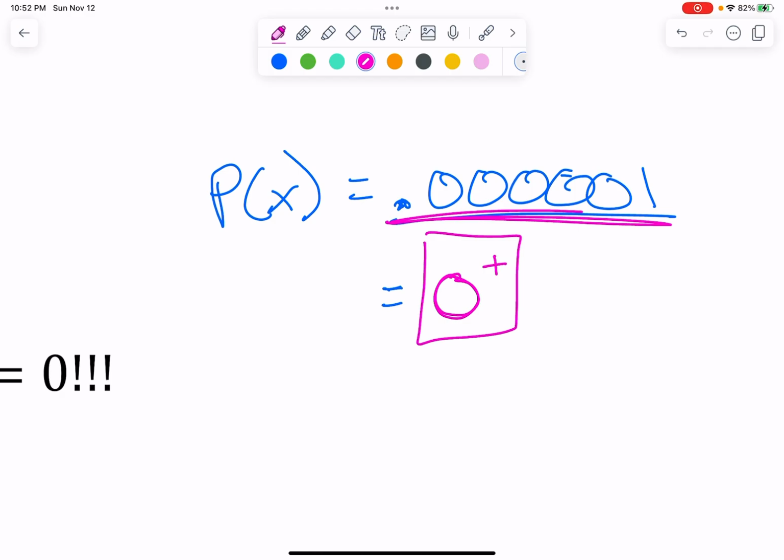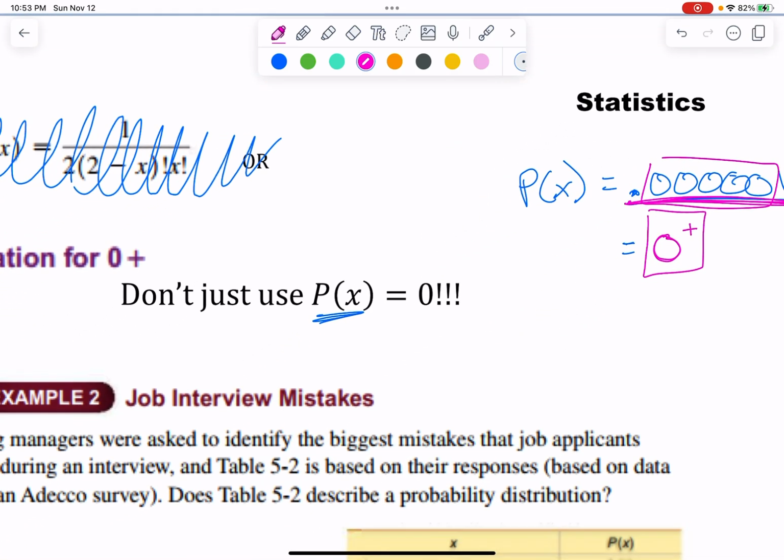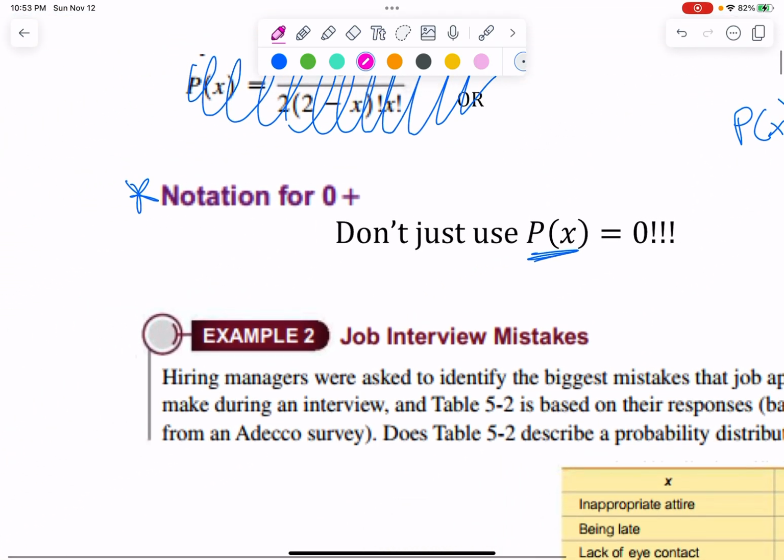Impossible would be 0 exactly, but 0 plus means slightly above 0, but really not a good chance of it happening. So if you ever have a decimal number that's really, really small with lots of zeros, you can go ahead and write that as 0 plus. I would say if there's more than 5 zeros, you could just put 0 plus in that spot and call it that. We'll revisit that notation again at some point, but I just want to introduce it right now.